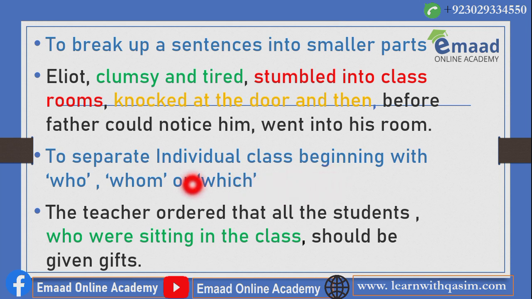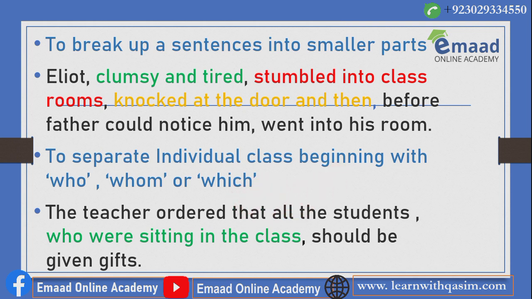However, if the commas were omitted, if we do not use these commas, the sense would be like this: the teacher ordered that only those students sitting in the class should be given gifts.